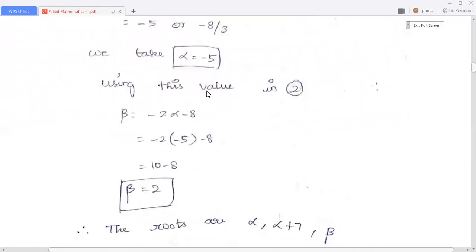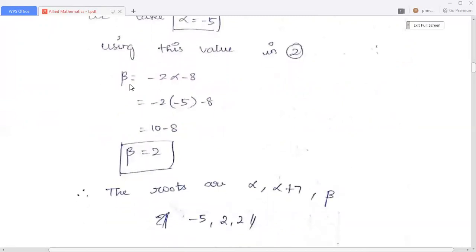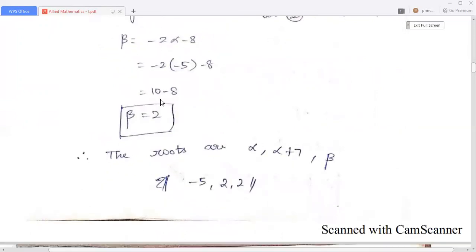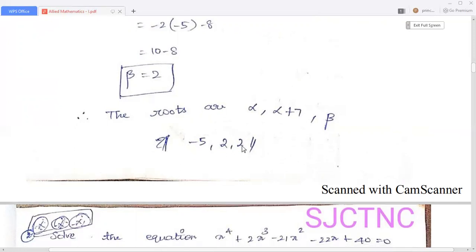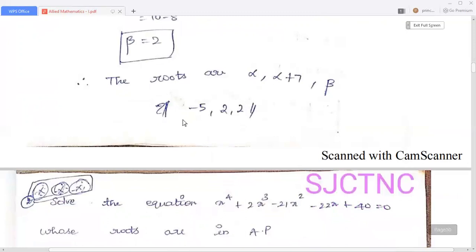Using alpha equal to minus 5 in equation number 2, we get beta equal to minus 2 alpha minus 8, that is minus 2 into minus 5 minus 8, that is 10 minus 8, therefore beta equal to 2. Therefore, the roots are alpha, alpha plus 7, beta. When you substitute the values for alpha, beta, we get minus 5, 2, 2. Right. So this completes the problem.